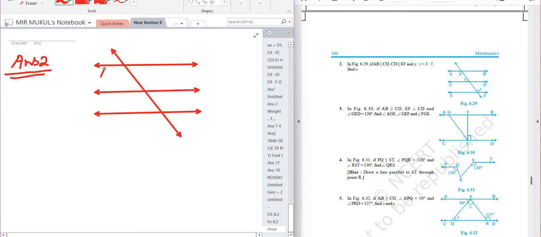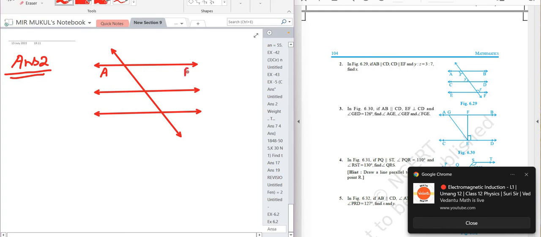Give its name A, B, C, D, E, F. And this angle is x. This angle is y. And this angle is z. Okay. So this angle we have to consider, its name I'm giving angle 1.